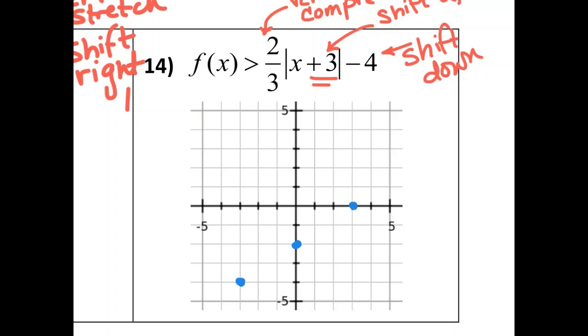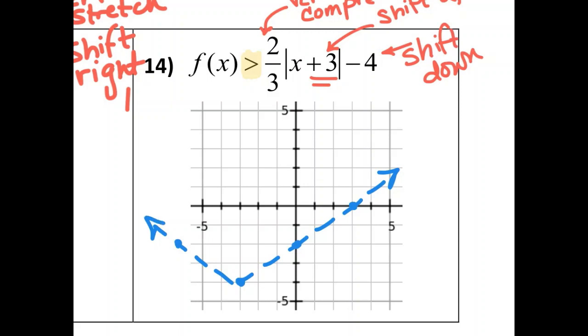And then just to give myself a little guidance, because the left has to be symmetrical, I know that it's going to be approximately there. Now, because this is strictly greater than and not greater than or equal to, I'm going to be graphing a dashed line. So my graph is going to end up looking something like this on the right, and on the left you're just going to need to eyeball it a little bit.